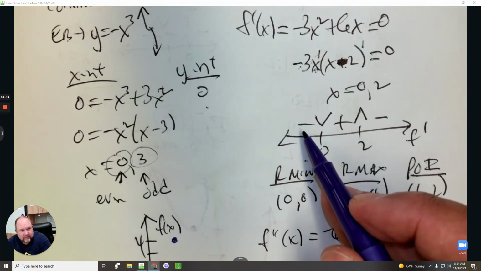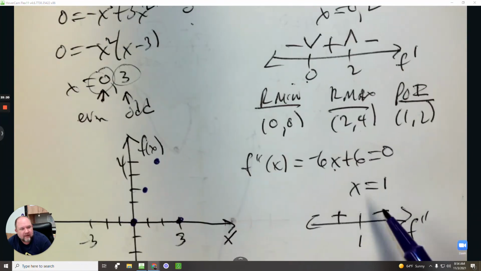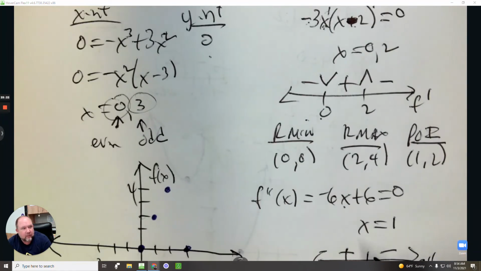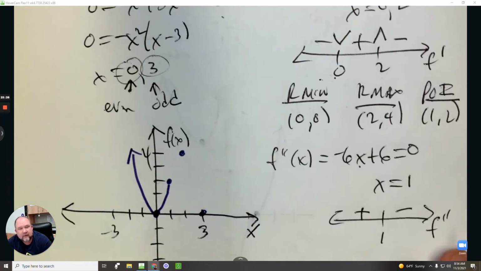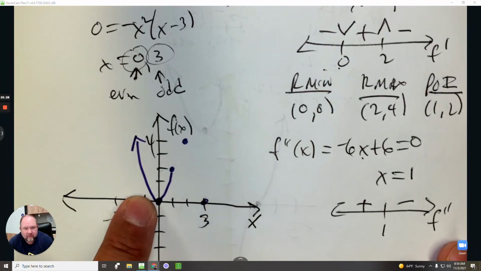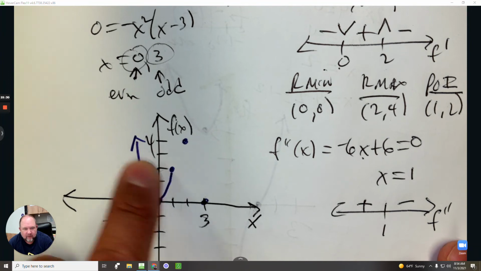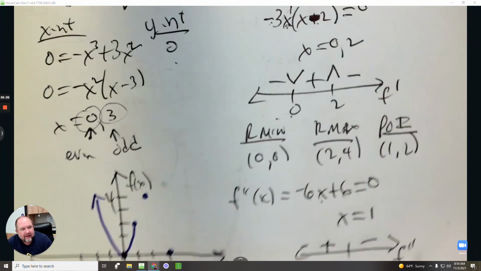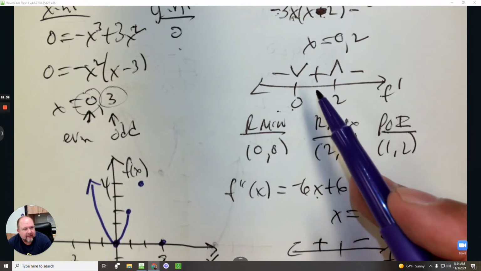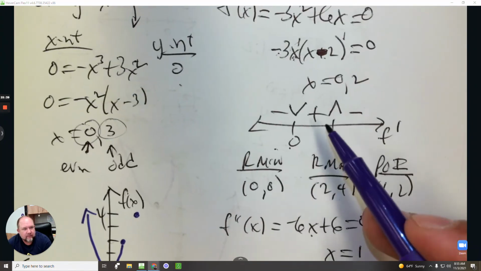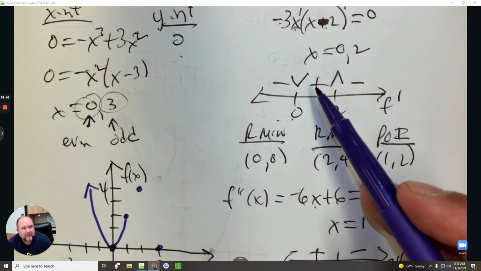This decreases and it's concave up all the way to 1. So there it is. It decreases, creates a turning point, and all the way to 1 it's concave up. After that it keeps increasing to 2.